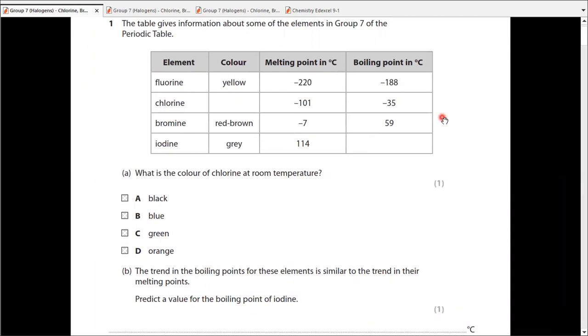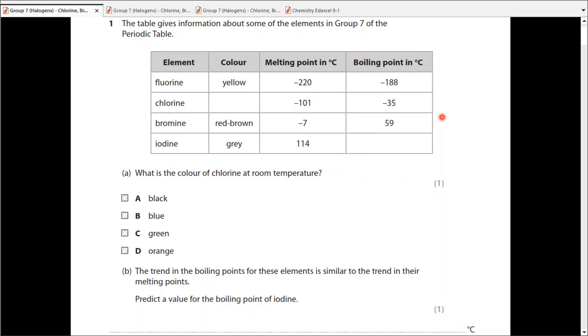The color of chlorine will be green, and the boiling point of iodine will be liquid. Wait, no. I should predict the value of the boiling point of iodine.